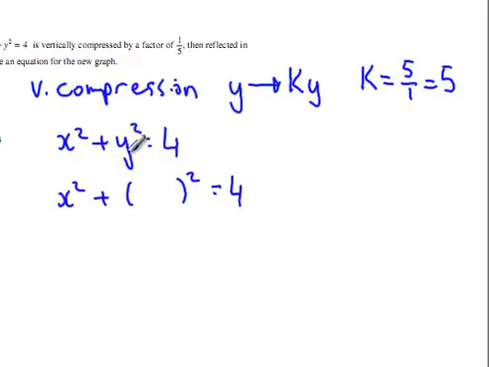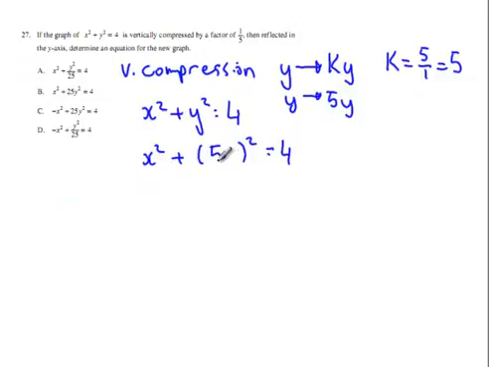I'm going to replace y with 5y. And we can simplify that if we like: x squared plus 25y squared equals 4. And since this is a multiple choice exam, we're already getting rid of some of the options in our heads.